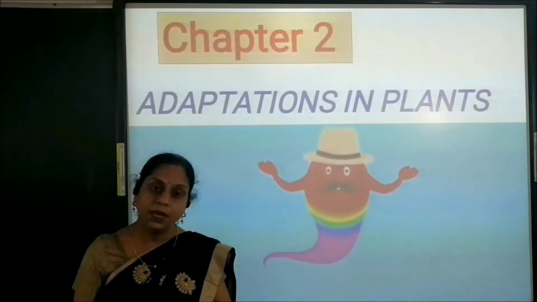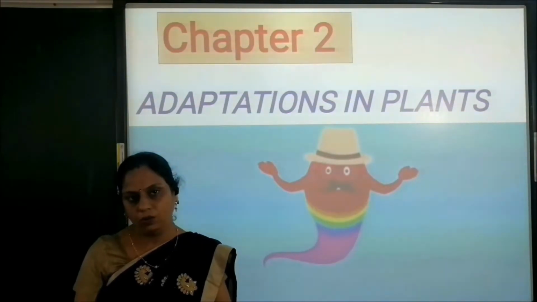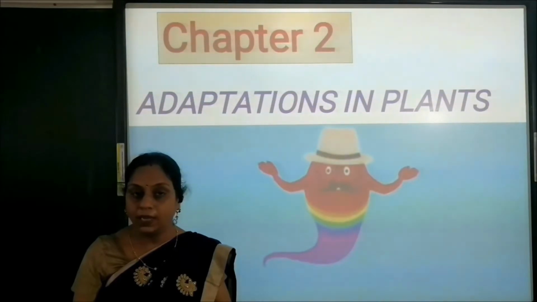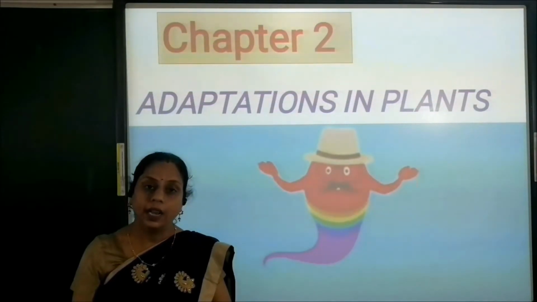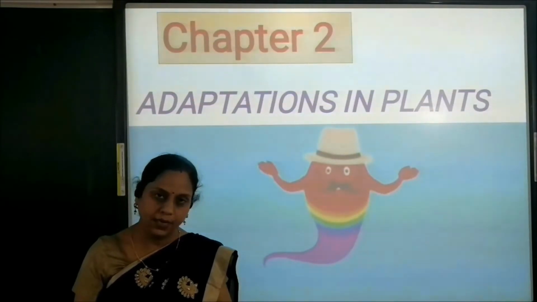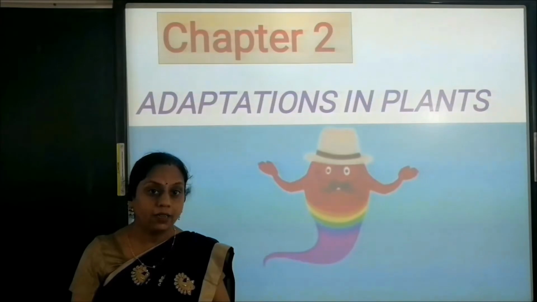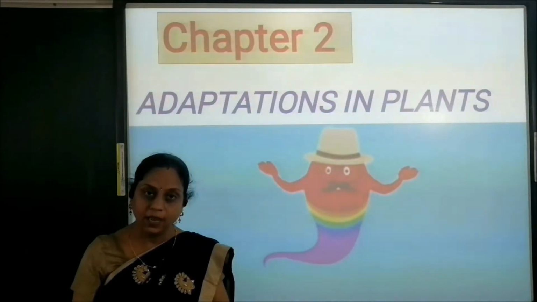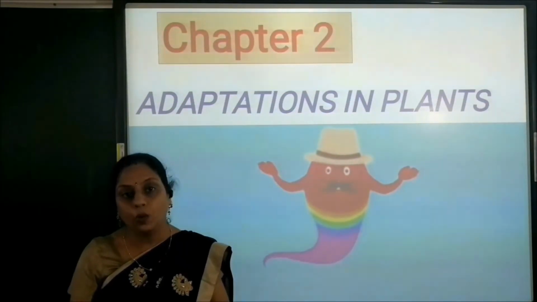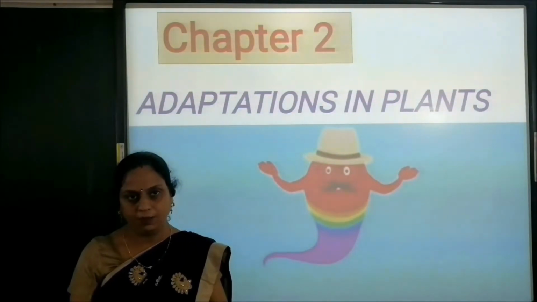So, these places are their natural homes where they live and grow. The places where they live and grow are called their habitat. The features which allow cactus to grow in desert areas and lotus to grow in water are called adaptations.